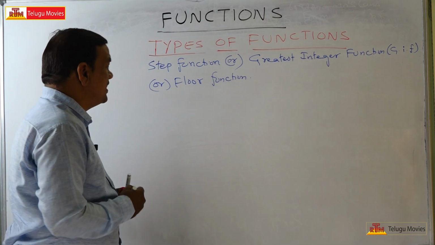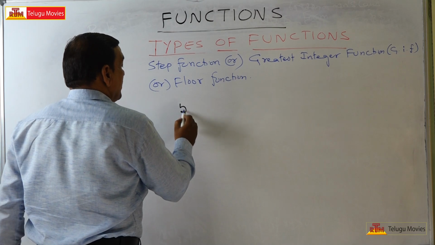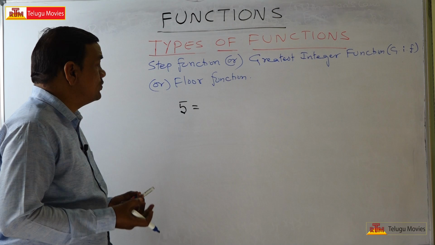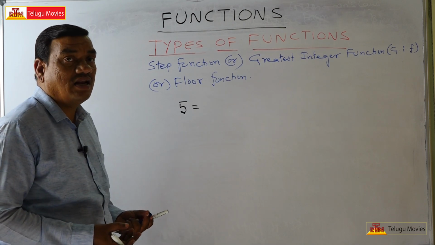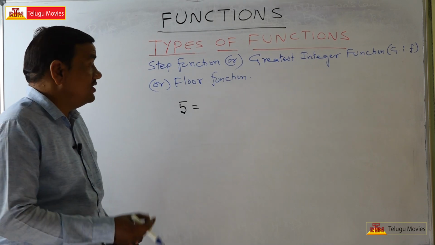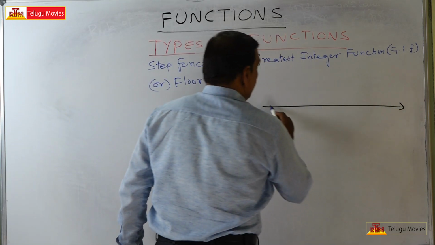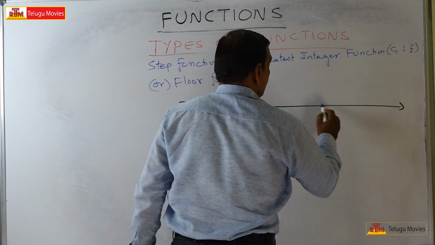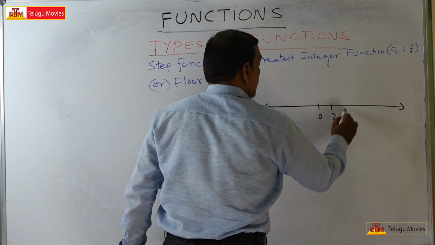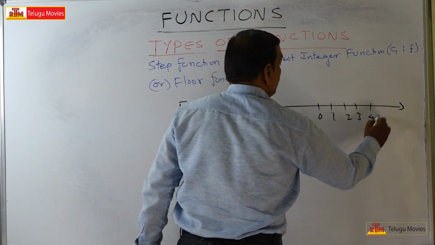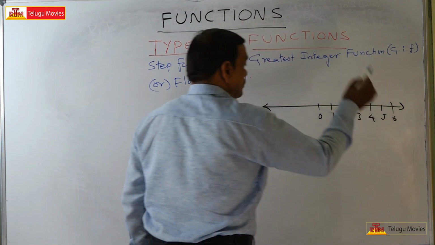Let us take an integer, any integer, 5. Now tell me the integers which are less than or equal to 5. I will write it on a number line: 0, 1, 2, 3, 4, 5, 6, and so on.